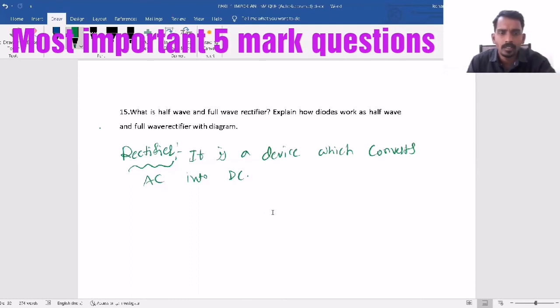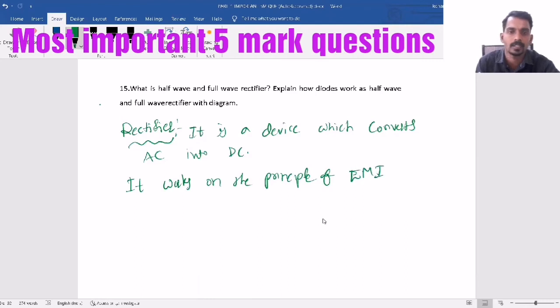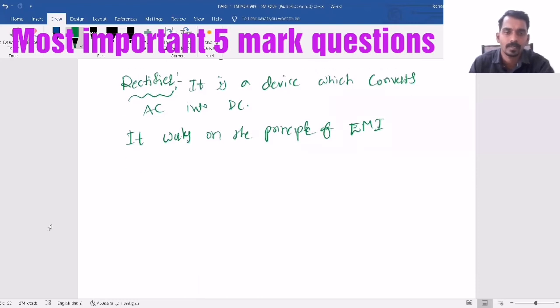Now here, when you consider a rectifier, it mainly works on the principle of electromagnetic induction. So it works based on the principle of electromagnetic induction.